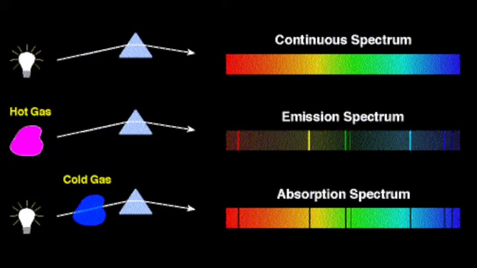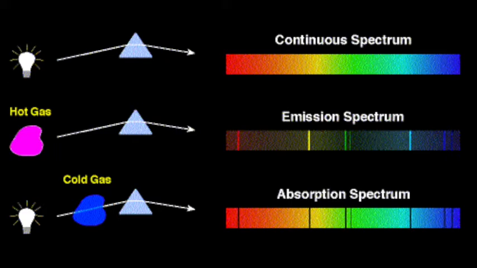It emits the full range of wavelengths, producing a continuous spectrum, including all the colors of the rainbow from red to violet, as you can see on the highest diagram. So the continuous spectrum means that there are absolutely no gaps in it. And a line spectrum is the opposite, it's a spectrum where there are gaps in it. Emission spectrum and absorption spectrum are examples of line spectra.